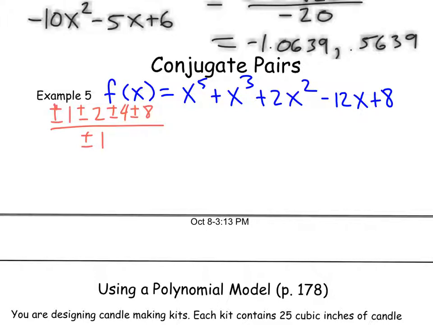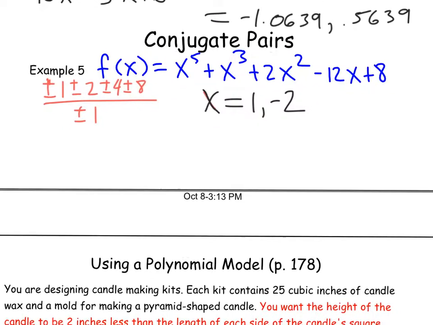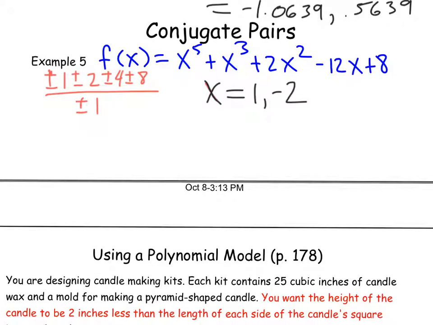Now I would go to my table, and I'm going to put over here, just to get started with our list, I would see 2 of them. I would see 1 and I would see negative 2. Now the order that I do this doesn't really matter, but it's time to go do some synthetic division.